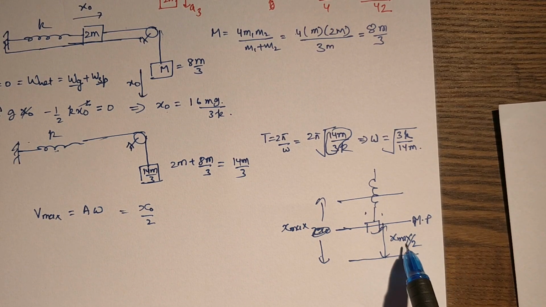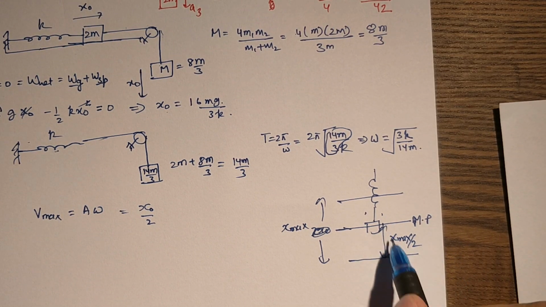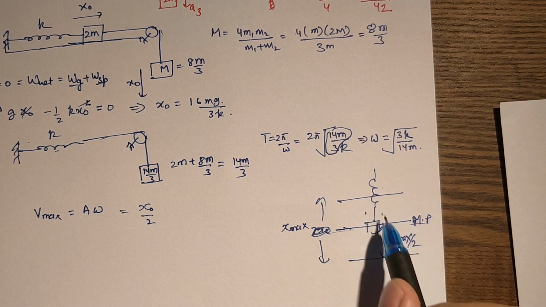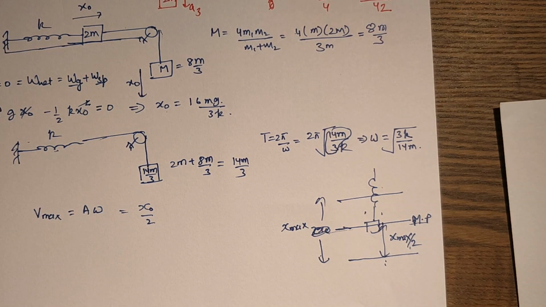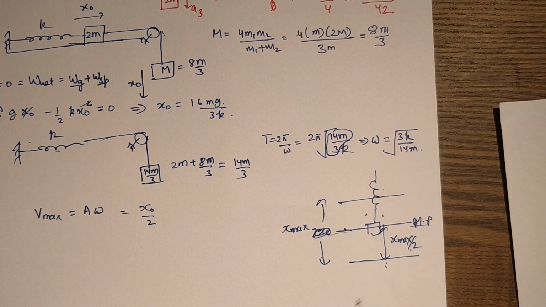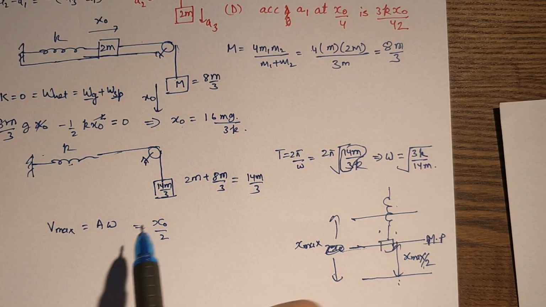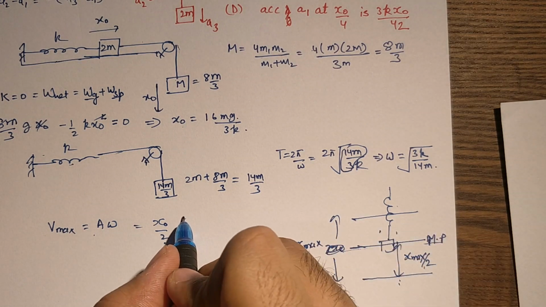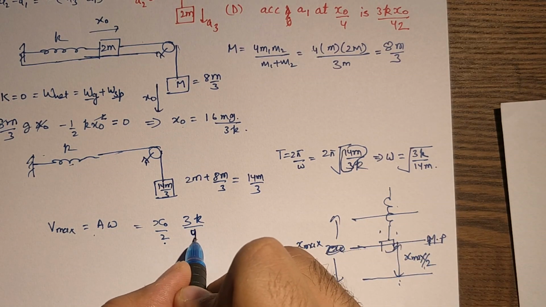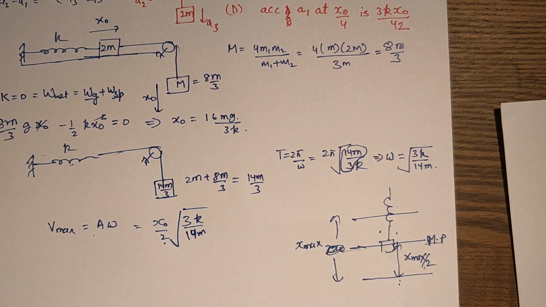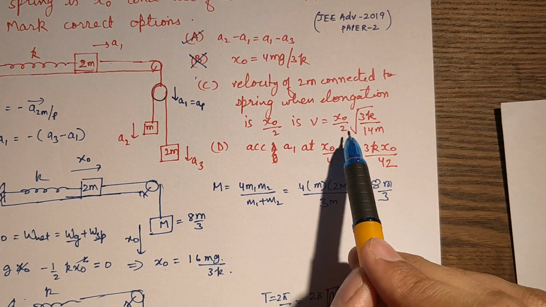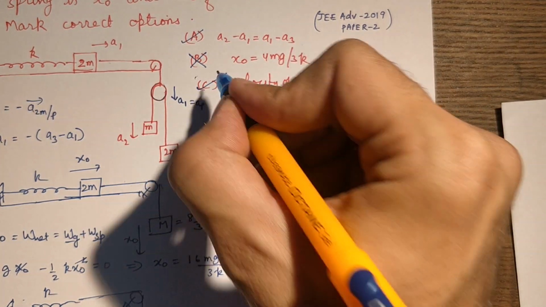If somebody asks what the amplitude is, you can see that it oscillates about this mean position, so the amplitude will be x max by 2, that is maximum elongation by 2. Therefore the velocity is maximum elongation by 2 into omega, where omega is under root of 3k by 14m. This is the same answer given in option C, so this will be correct.